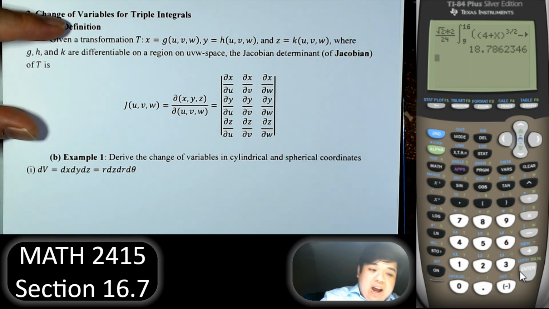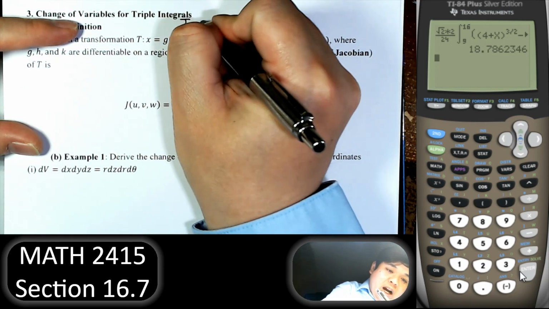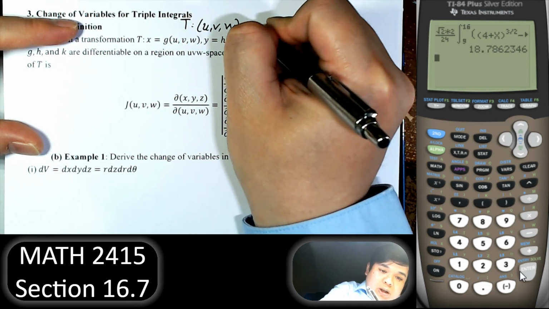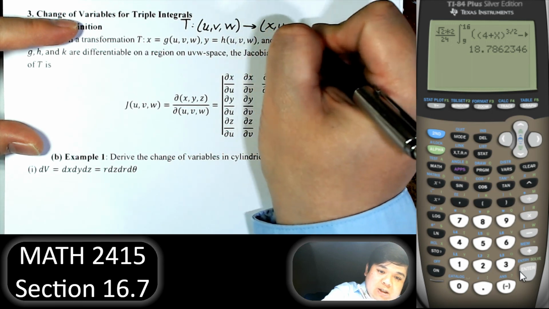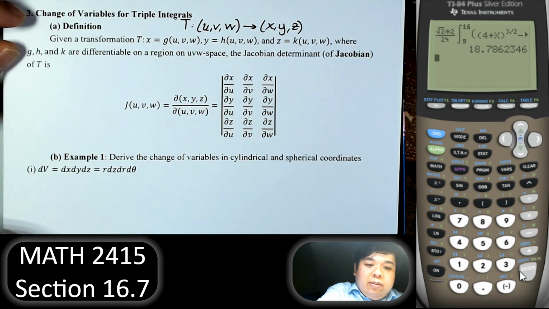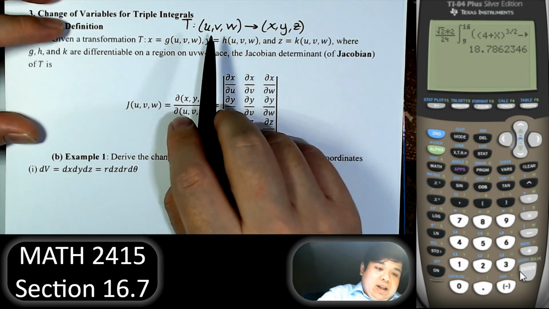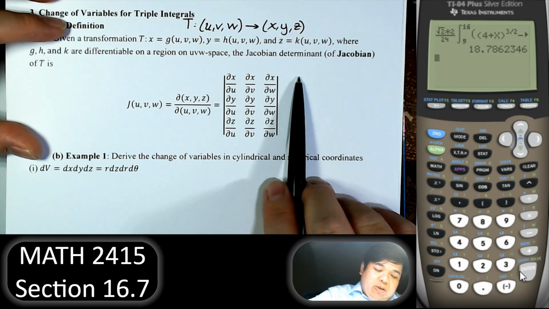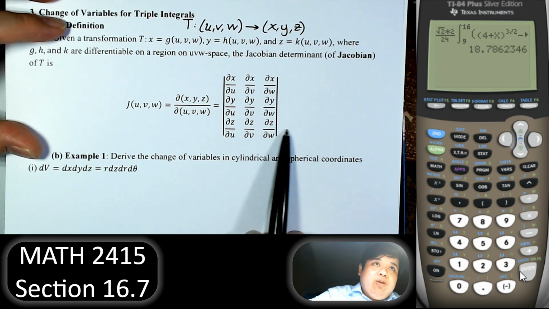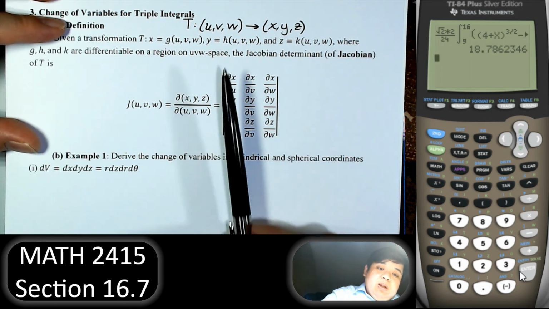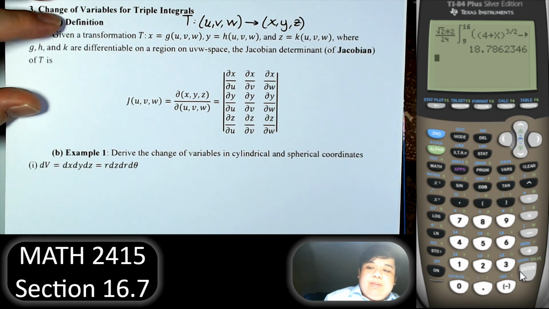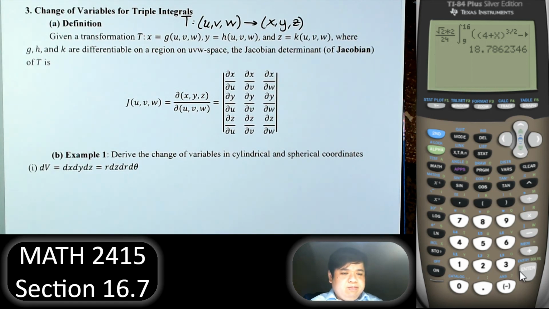So we still have the transformation of something else to xyz, and the Jacobian is the partial derivative of xyz with respect to u, v, w. x for the first row, y second, z the last row. The columns are with respect to the variables u, v, and w. So it's not a big deal. So that is the Jacobian.